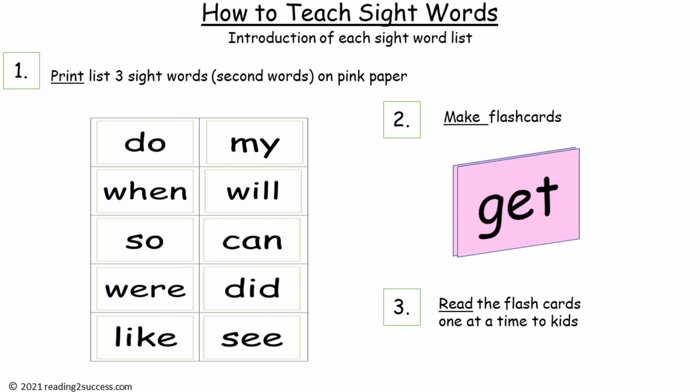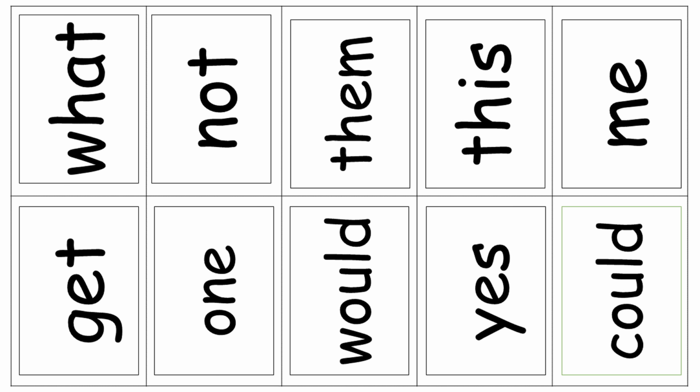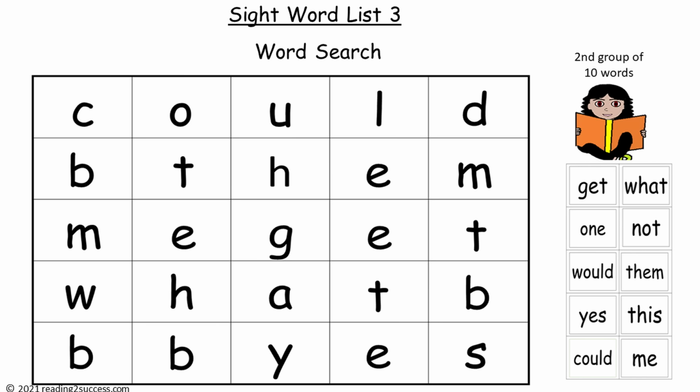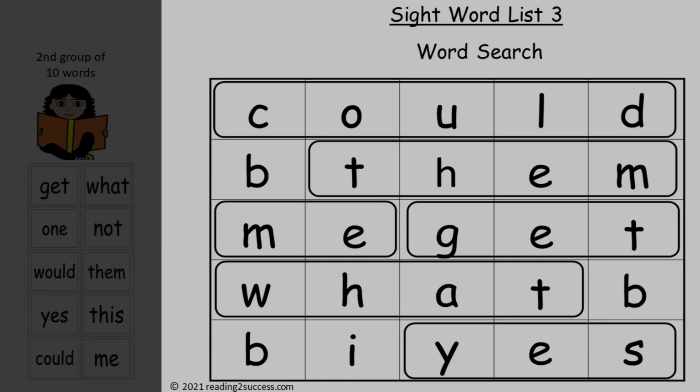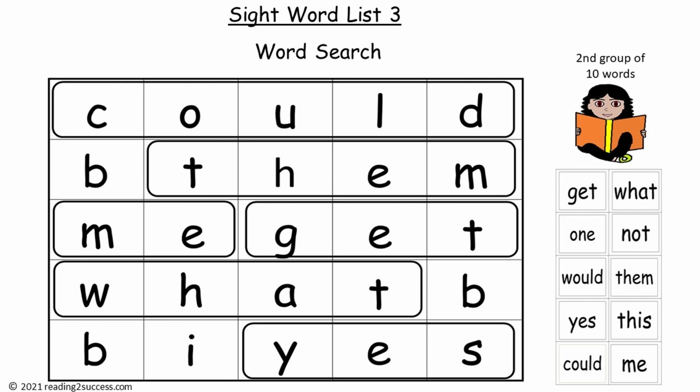Now print out list 3 words, the second 10 words on pink paper, make flashcards, and read the flashcards one at a time to kids. This is the template for the flashcards. Next, the word search and the completed example.